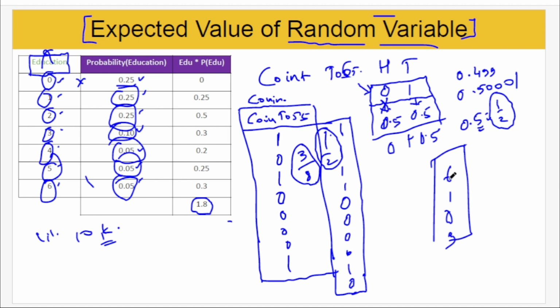For a small sample the average might be 10 by 4, which is 2.5. But if you select 9,000 people randomly, it should come very close to 1.8. This is the expected value, or in simple terms, the average of a random variable. Got the point?